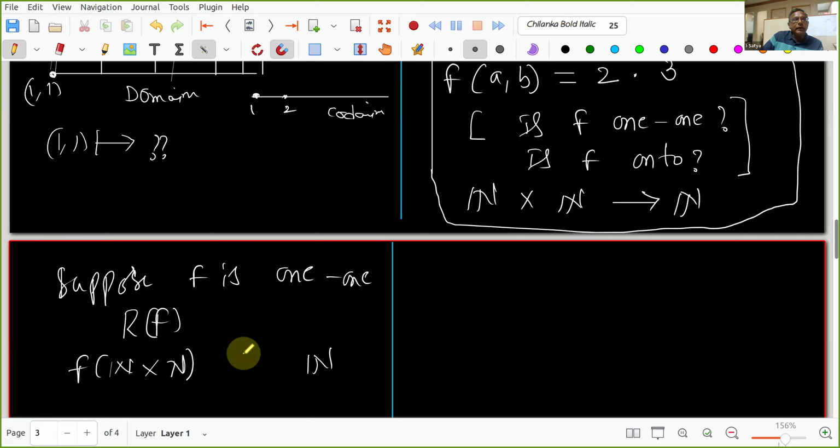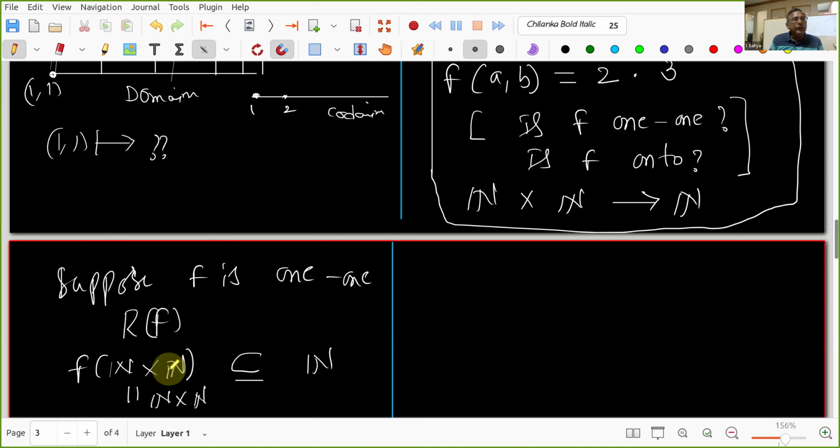This is a subset, and I'm not telling its cardinality now; I'll come back to it later. Almost its cardinality is N cross N because it is 1-1. N cross N looks bigger, but it is contained in the natural numbers under this map.